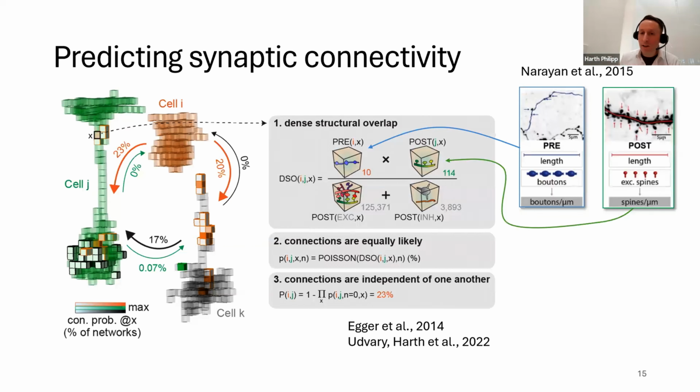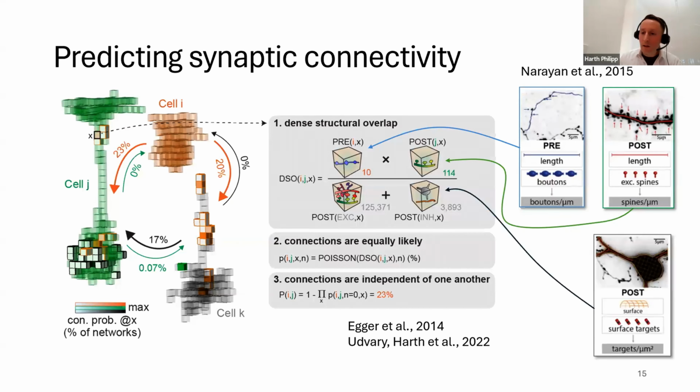We can do the same for excitatory postsynaptic spines. So these are these little structures which are marked here by these red arrows, and so we also obtain a length density for the spines. And particularly at inhibitory neurons, which is a different cell type.